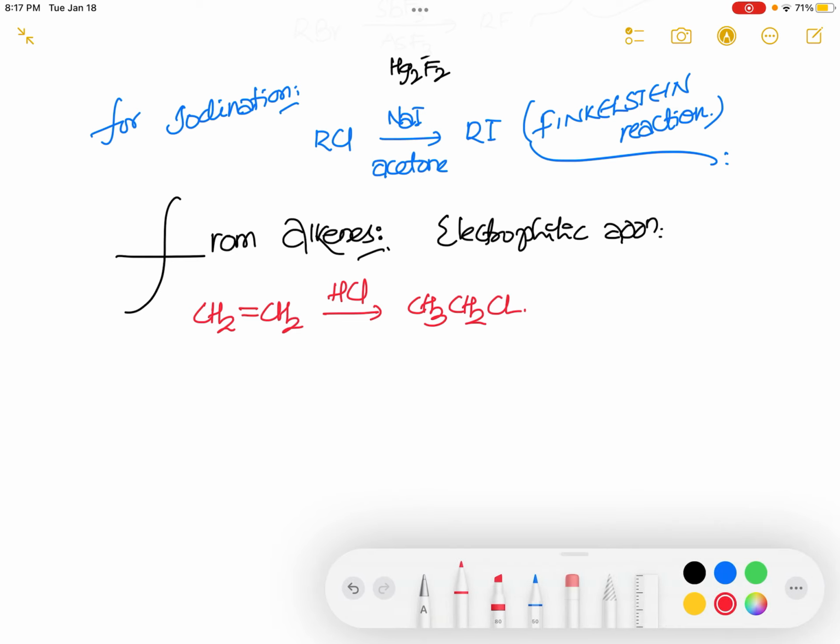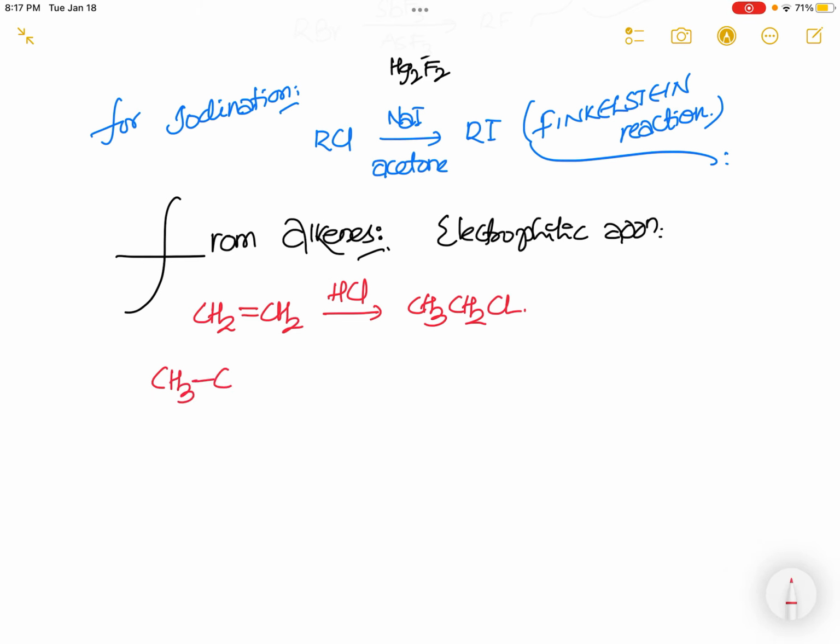The question comes when you are given CH3CH=CH2 in the presence of HCl: the product is CH3CHClCH3. This is called Markovnikov's addition.